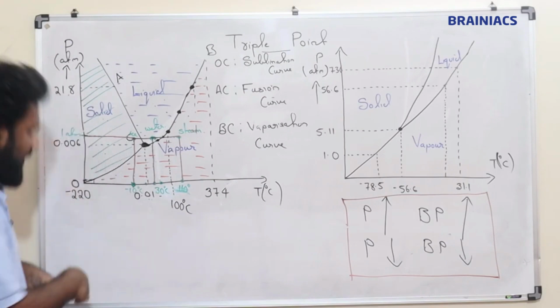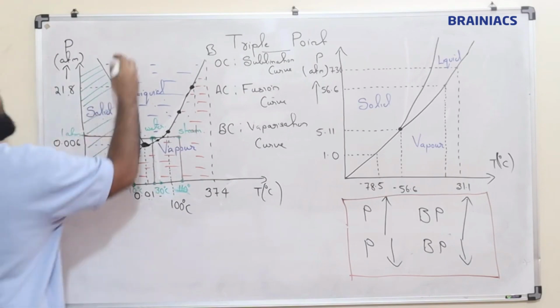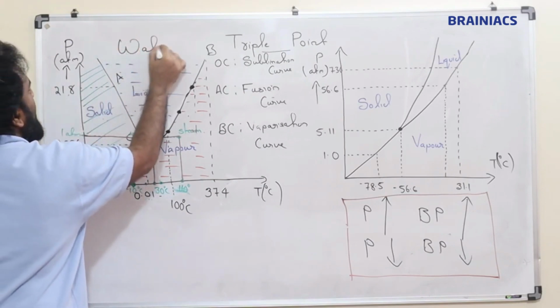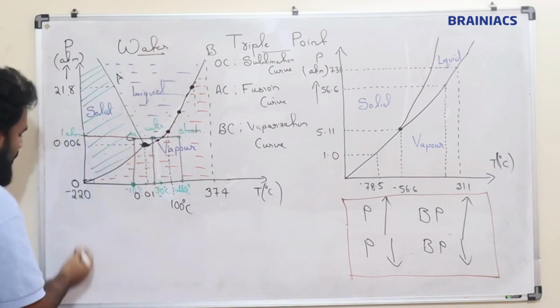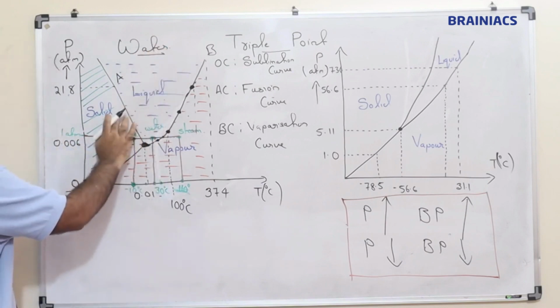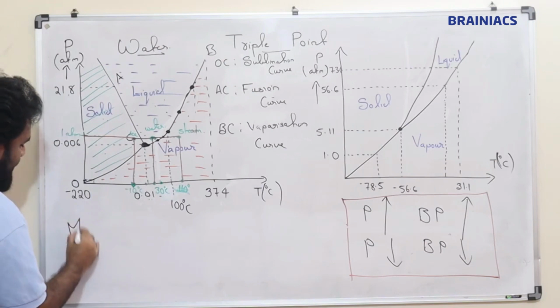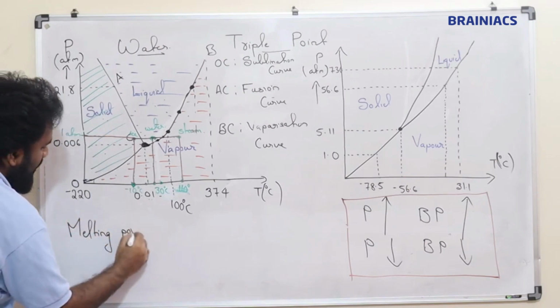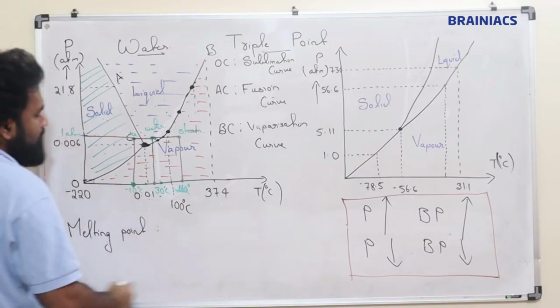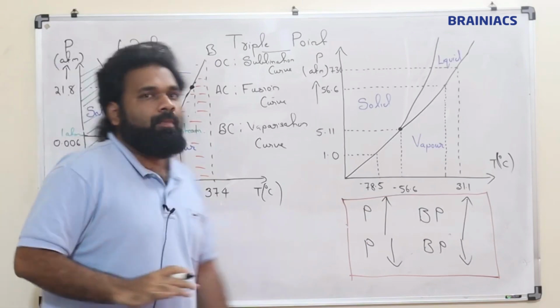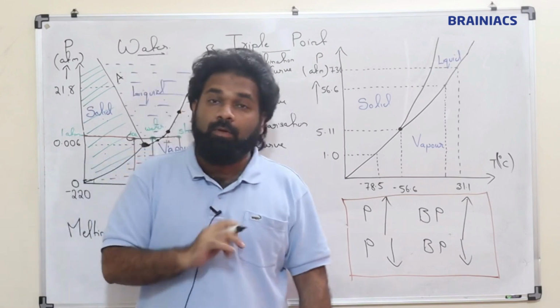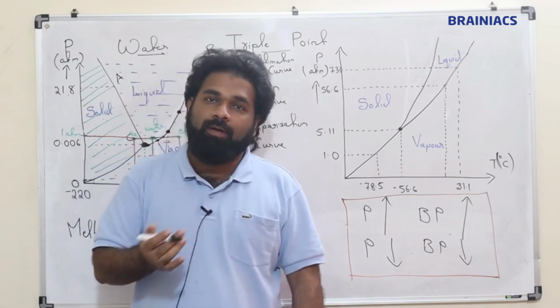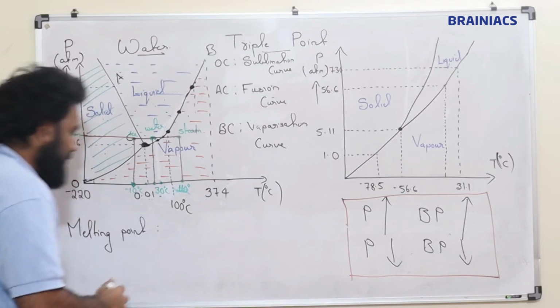Now we are analyzing the graph for water. Now what about melting point? Generally melting point is 0 degrees Celsius for water at what pressure? At 1 atmospheric pressure.